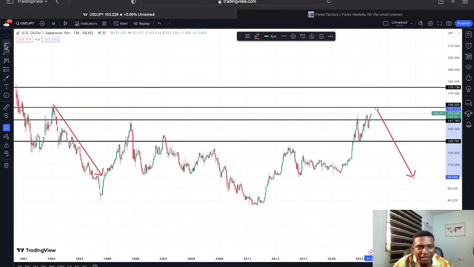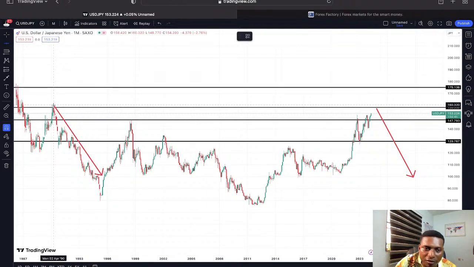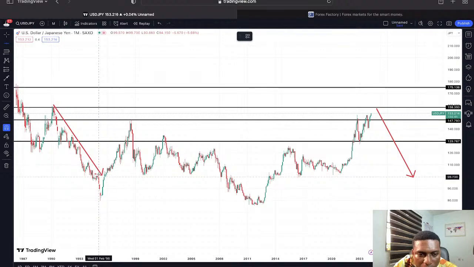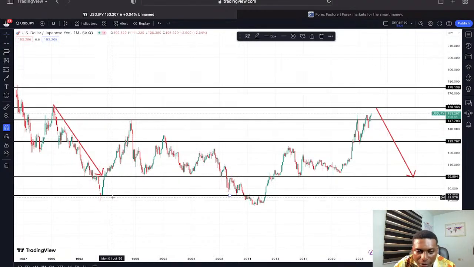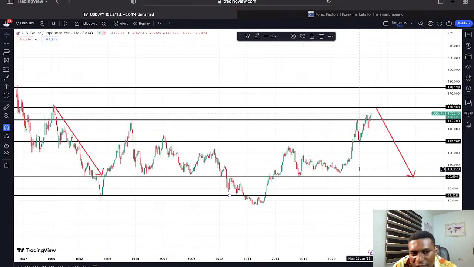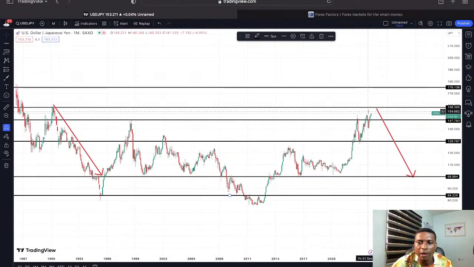In 1990 price got to the 150 region and above and dropped massively down to another support zone before picking up and going back to the 146, 147 region. Now we are seeing the same scenario playing out, where price is currently at the 150 region.